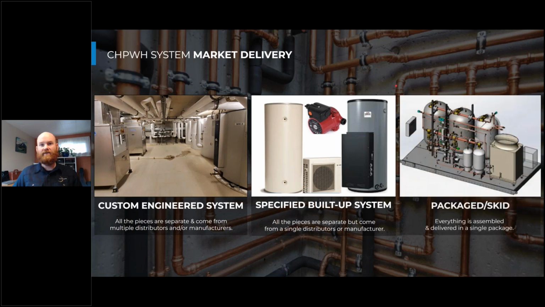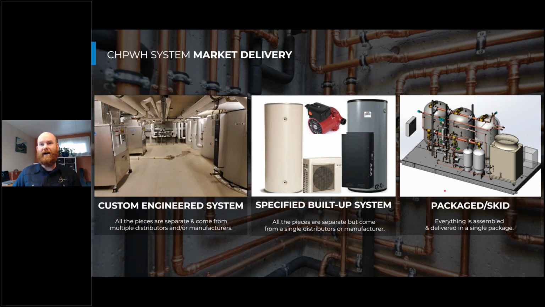And then the last way that things are typically delivered to the market, and it's great to see this happening, is a package or skid system, where instead of building that chair out of rough sawn lumber or buying that chair at IKEA and putting it together with your Allen wrench, you're buying that chair from a furniture sales place. And that can be delivered to the project and installed on the roof.